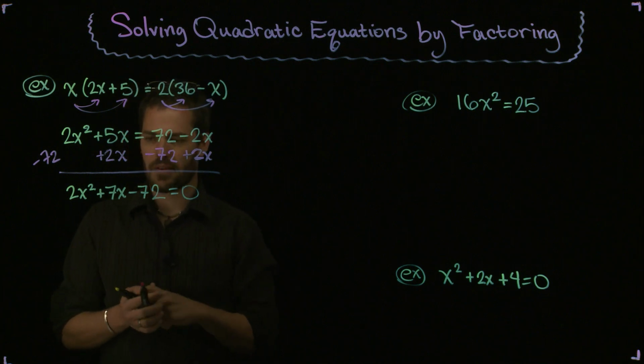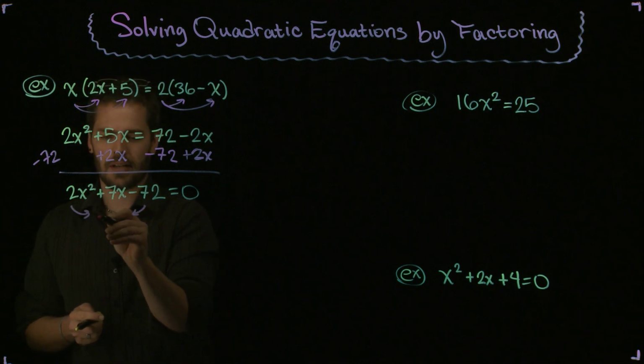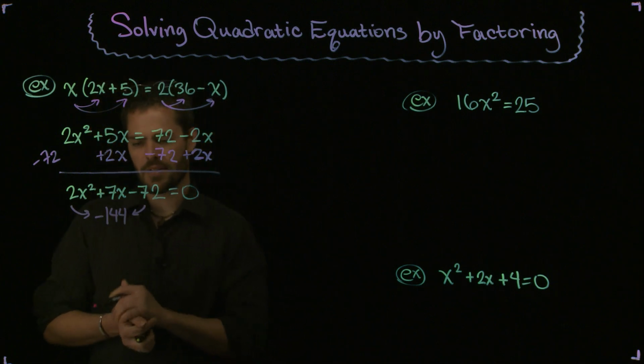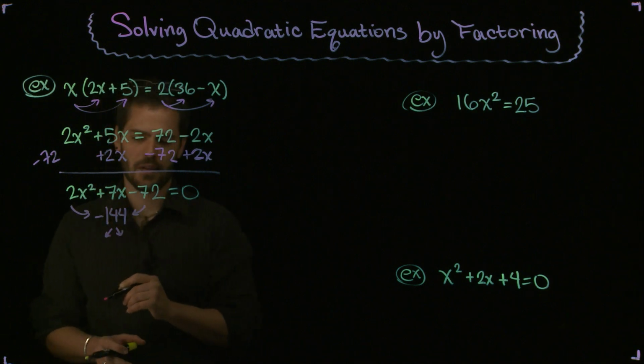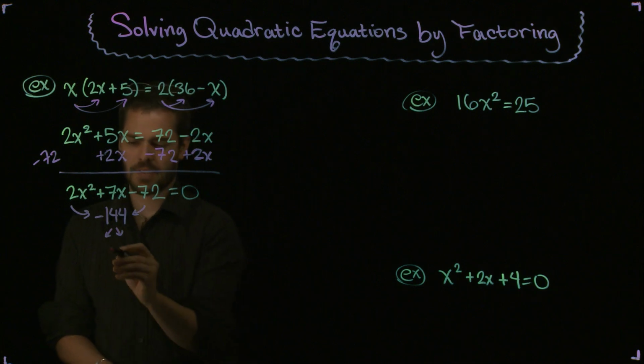Why not do one with method number 2? So method number 2 starts like this. Multiply these two numbers. That gives me negative 144. And now I need to factor negative 144 into two things that also add to 7. I'm going to cut to the chase here. It's 16 times negative 9.